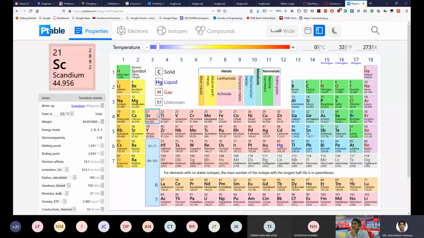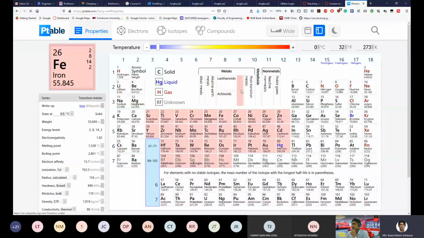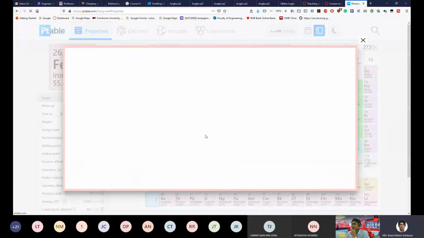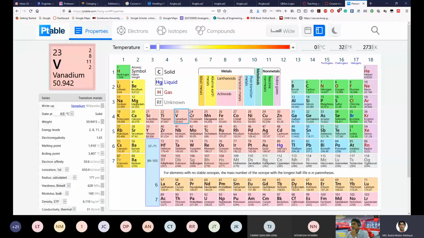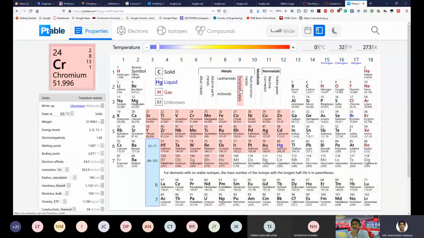But these are the transition metals, in the reddish color. They have different oxidation states.